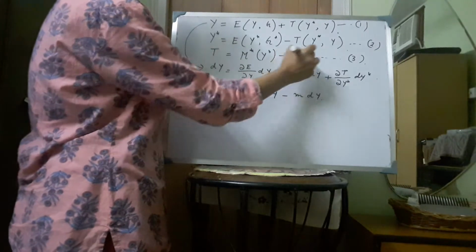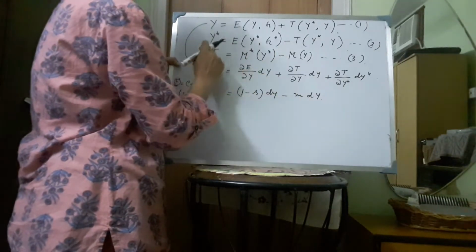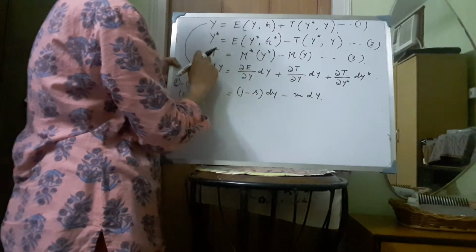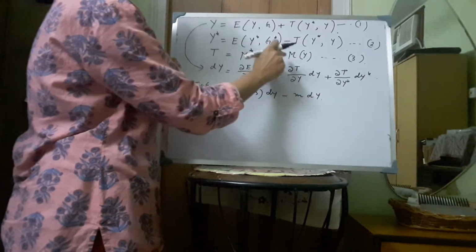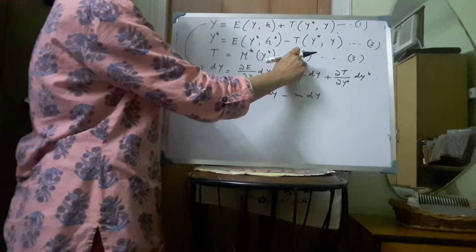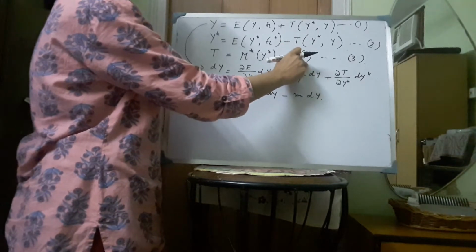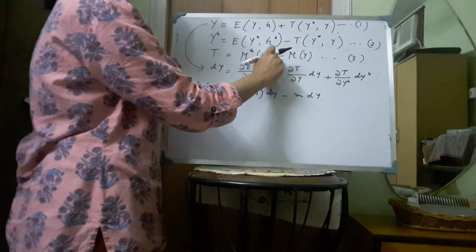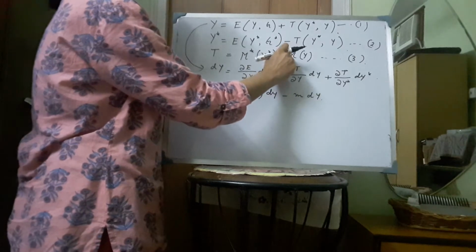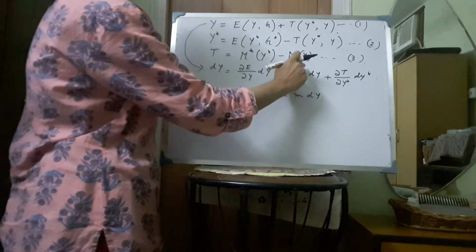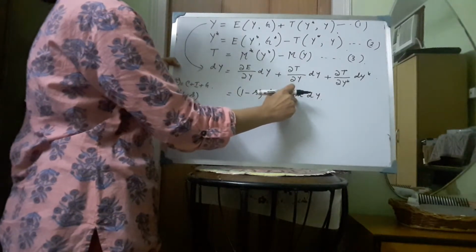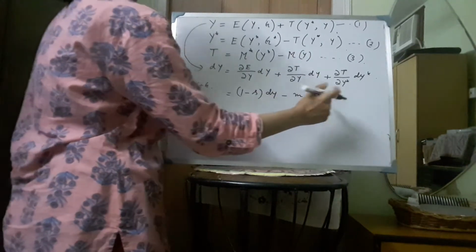If we take the differentiation of this trade balance with respect to y, then on the right hand side we will have minus del T del y is equal to minus M dash y. Now minus M dash y is equal to the negative of the marginal propensity to import, which is denoted by M. So therefore del T del y is equal to minus M, and then we have dy here.